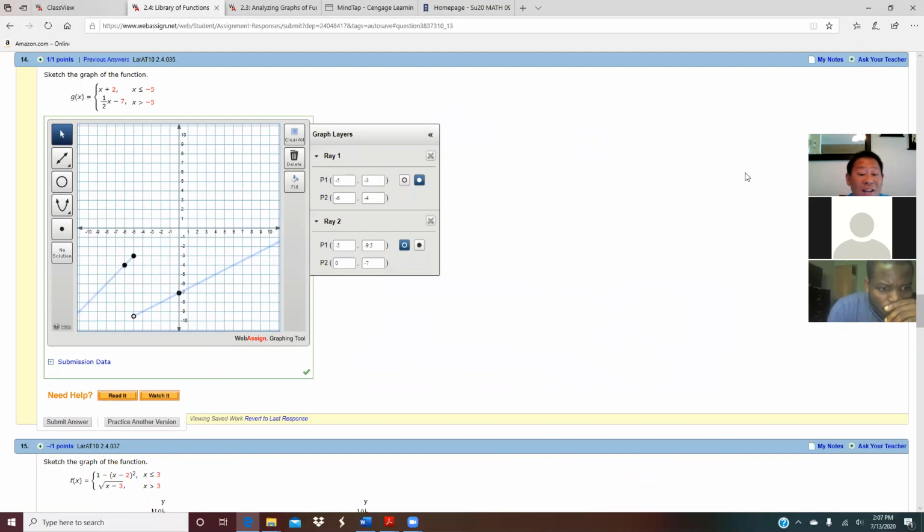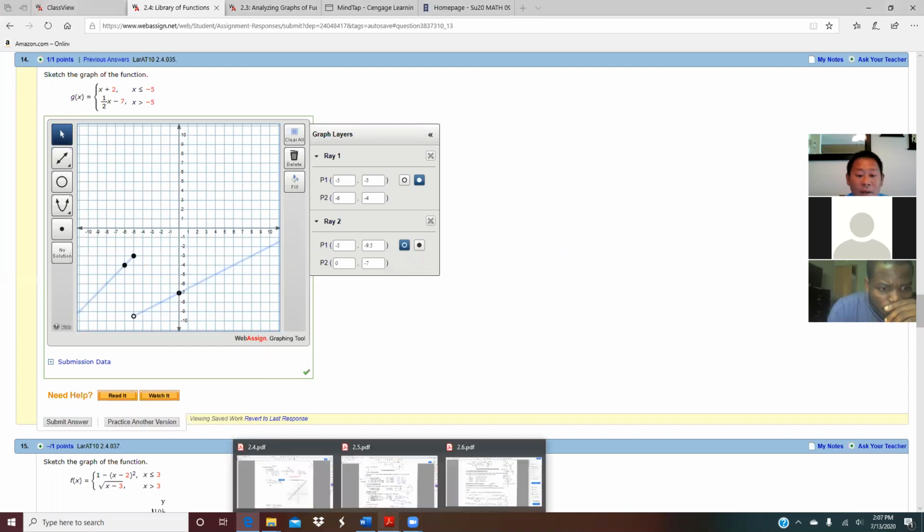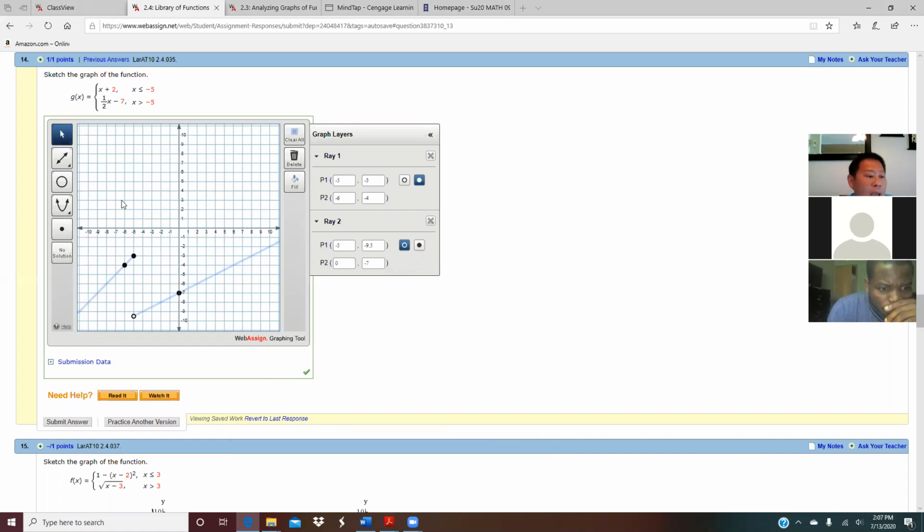No, we don't use dash lines anymore, no more. In this class it's always either open or closed, so don't use any dash line. Make sure you put in this option, not the first option.